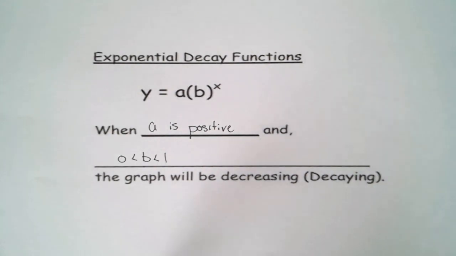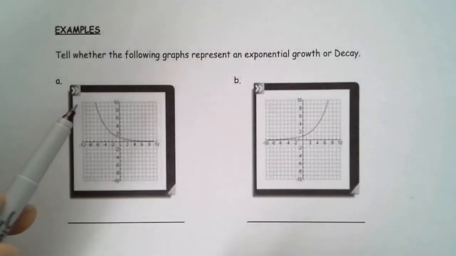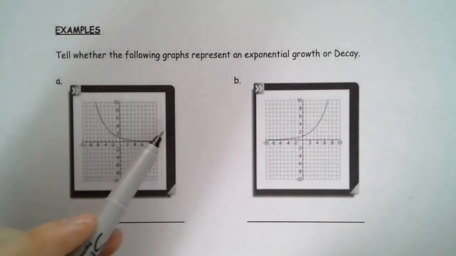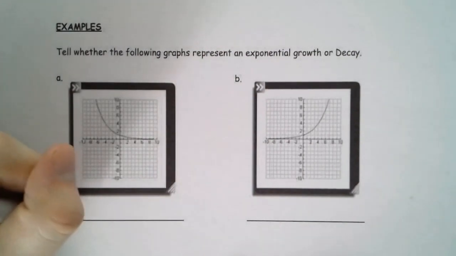So we're going to look at these graphical examples now. This graph here on the left, we can see is approaching 0 as we plug in larger and larger x values, and it's growing as we plug in negative values. So this is decay.